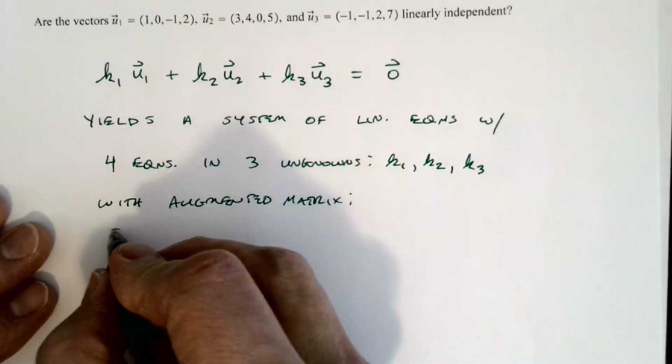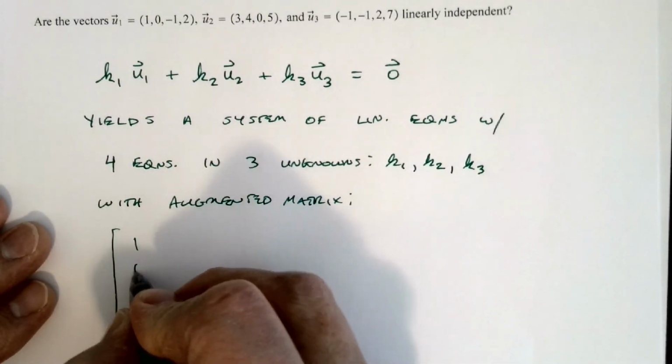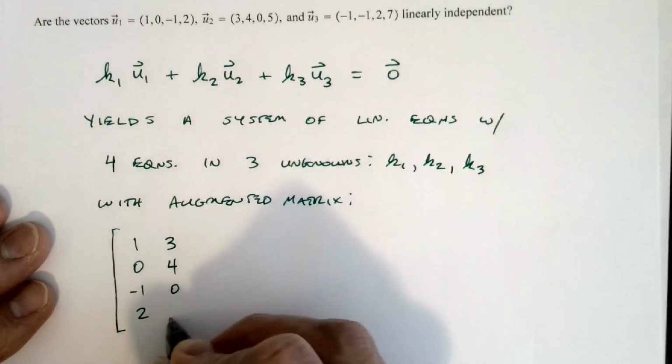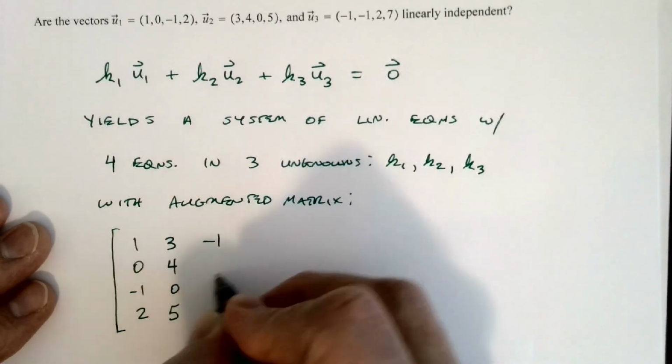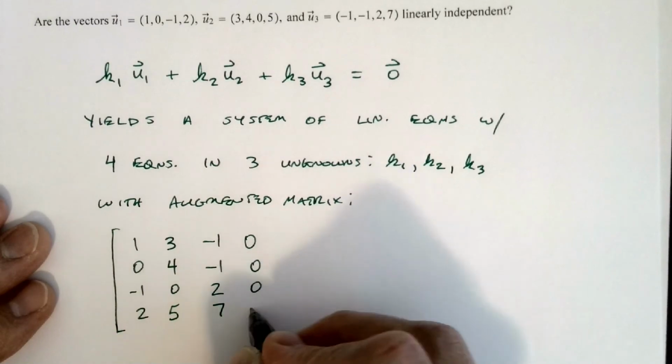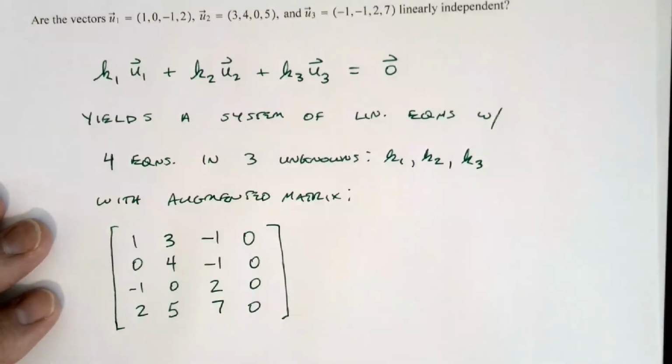And then when you write the augmented matrix, this is what you'll see. So I would definitely make sure that you go through and practice how to get this. Make sure you're very clear.